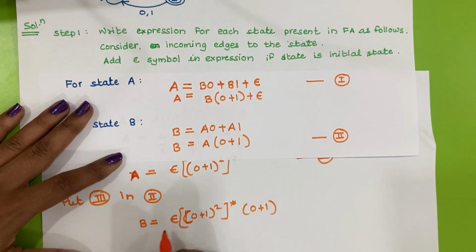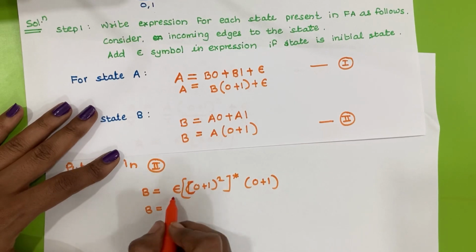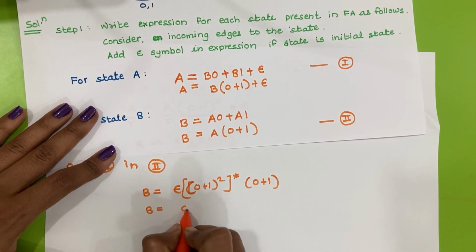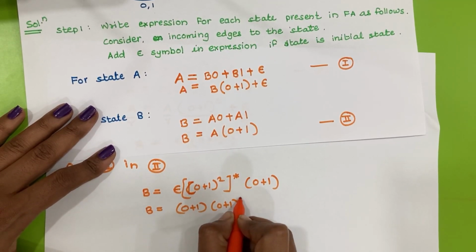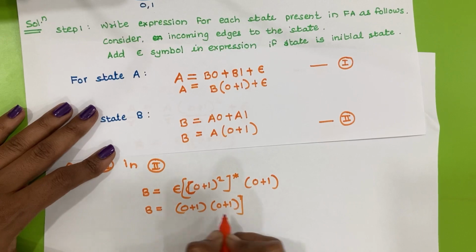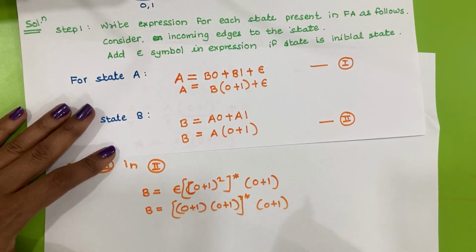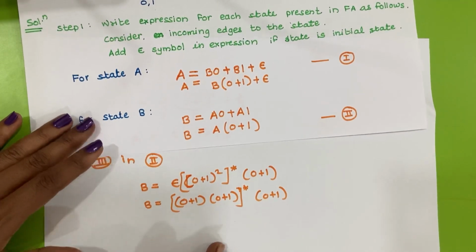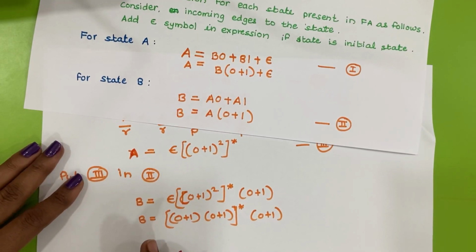We have concatenation between epsilon and this term, which means we can neglect this epsilon also. So the total term will be (0 plus 1)(0 plus 1) star (0 plus 1). So we have got the values of both A as well as B.